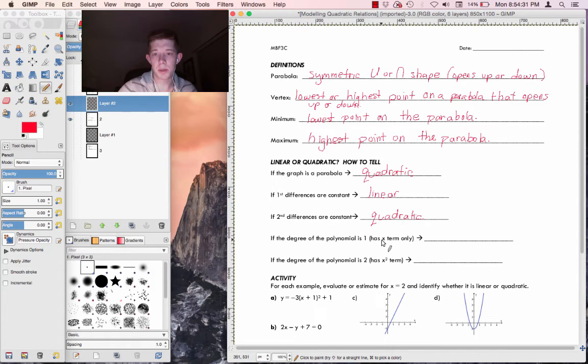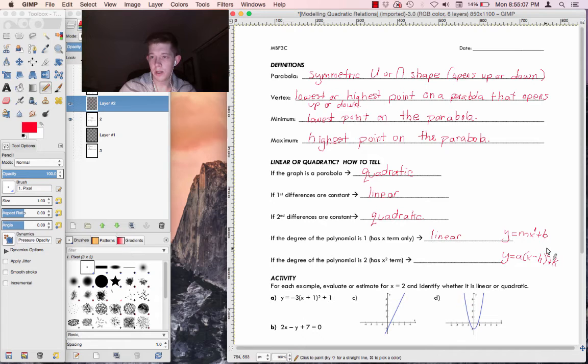Okay, and if the degree of the polynomial is 1, that means that it only has an x term. So that was our y is equal to mx plus b, and there's a 1 here. So if the power on the x is 1, that means it's linear. If it's a 2, remember our equation was y is equal to a, x minus h, plus k, and there's a 2 up here.